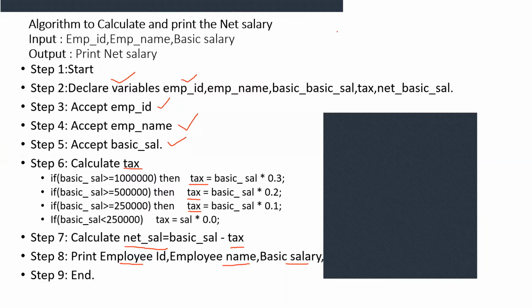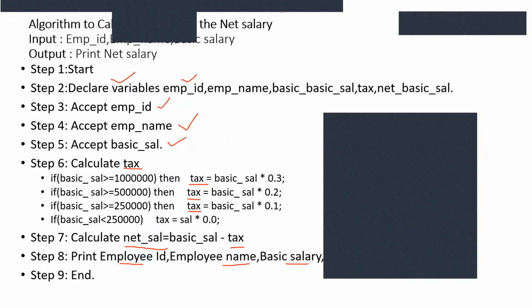For employee name, what should be the format specifier? If I am accepting the first name, we told it is a character array. See, all are sending wrong answers. Only few had sent the correct answer. It is percentage s. It is a string.